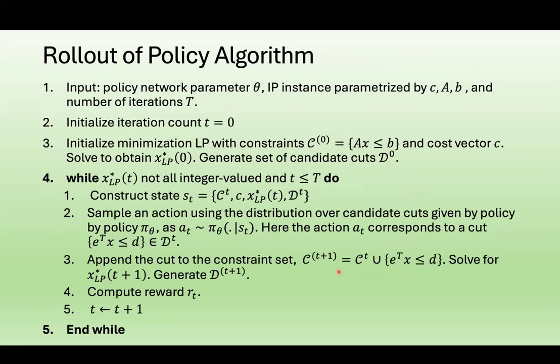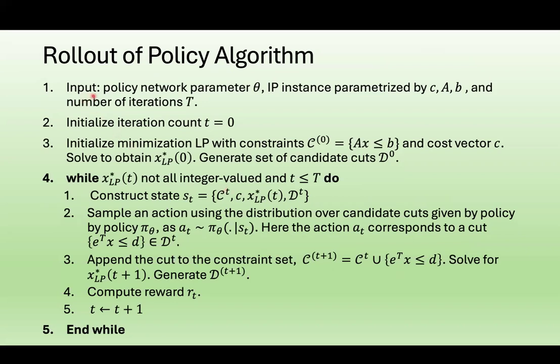Now we'll see the rollout of the policy algorithm. What this algorithm is trying to do is tell what reward is obtained at each iteration, or when you go from state S_t to S_t+1, what is the reward obtained?